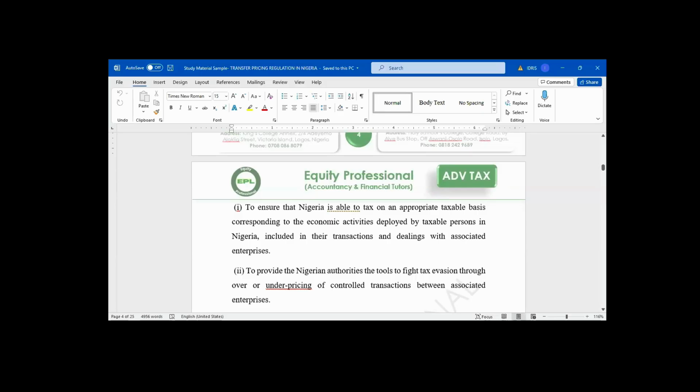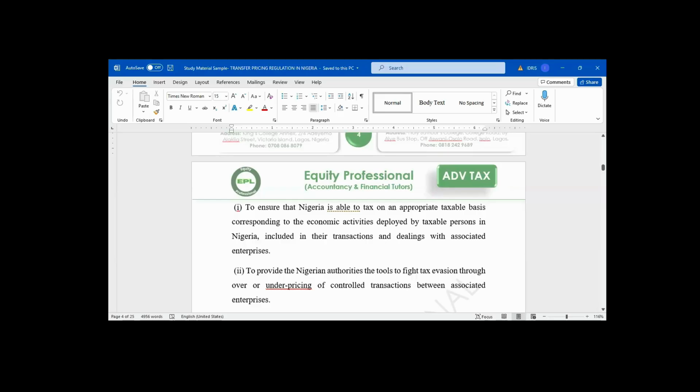What this means is to ensure that appropriate tax is levied on economic activity engaged in by any multinational companies that have an associate and that deal with transfer pricing.